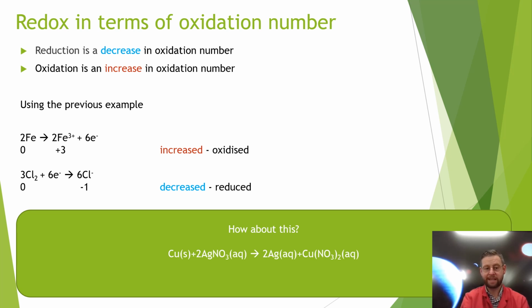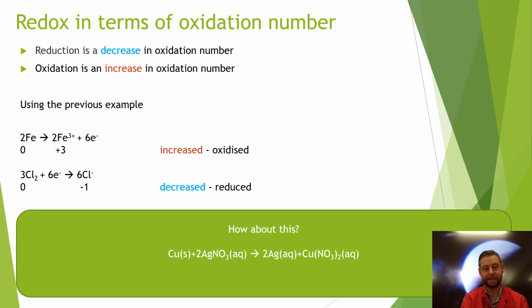And now we can see that in the form of Fe3+, we've got an oxidation number of +3. Now, that means its oxidation number has increased. And when the oxidation number has increased, we say that it is oxidized. For it to have increased and become more positive, it must have lost some of its electrons.